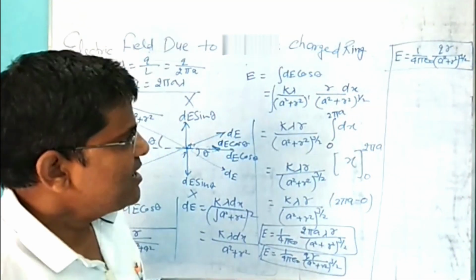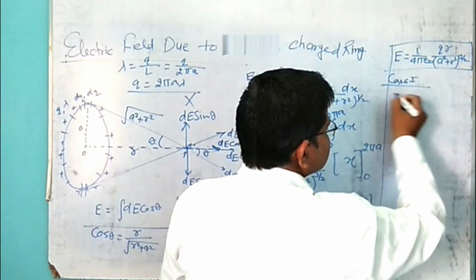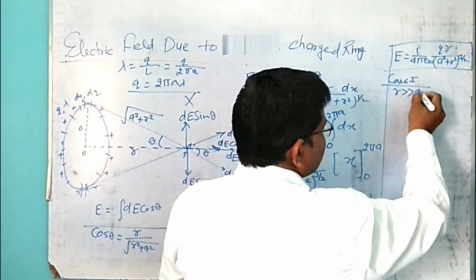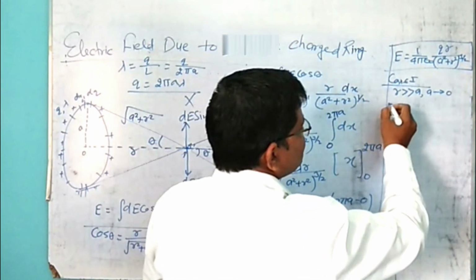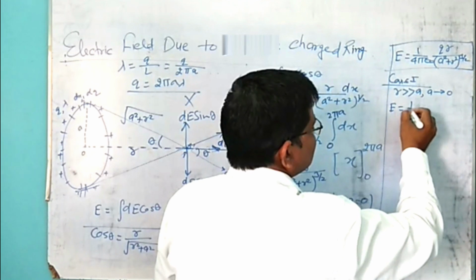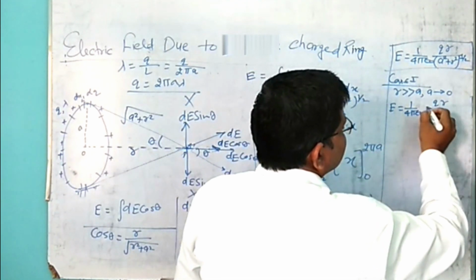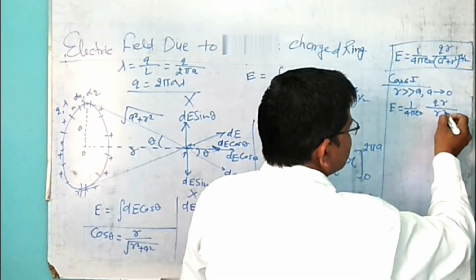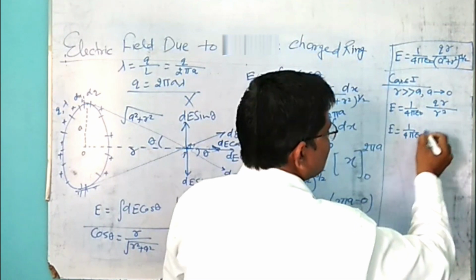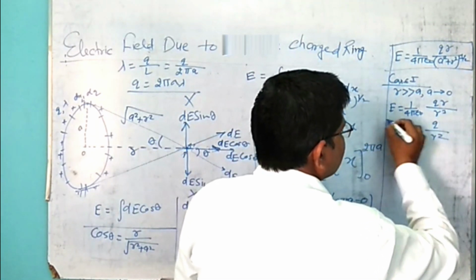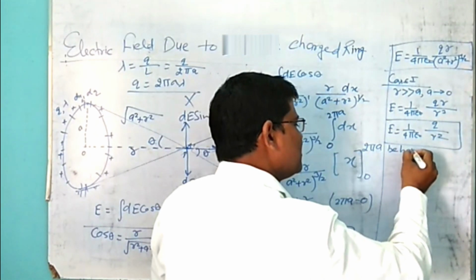Case 1: if r is greater than a, then a tends to 0. Then the electric field is equal to 1 upon 4 pi epsilon naught, qr by r cubed, and E equals 1 by 4 pi epsilon naught, q by r square. This behaves as a point charge.